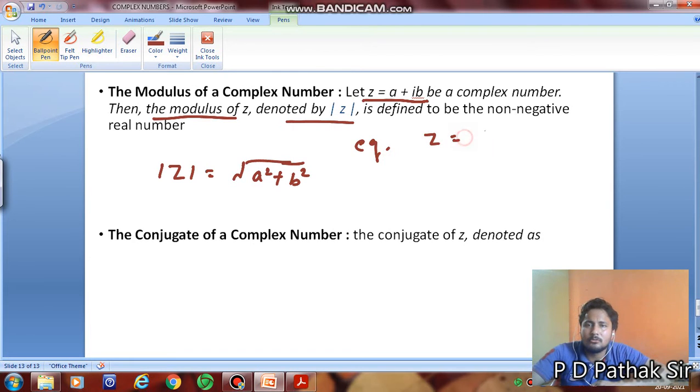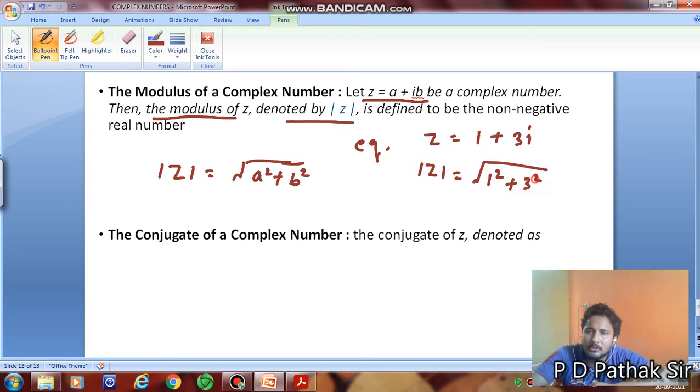if z = 1 + 3i, then what is the modulus of z? The modulus of z will be root of a² + b². Your answer will be 3 squared is 9, plus 1, root 10.